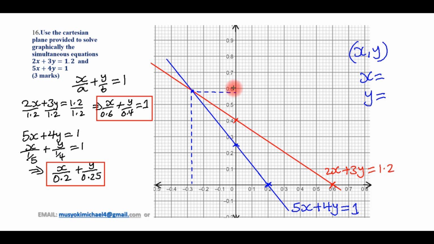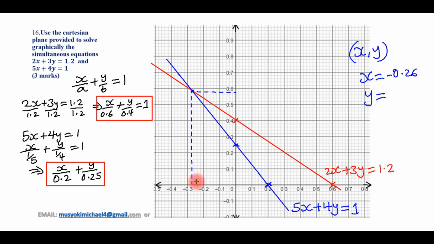So for this, the value of x here is approximately negative 0.26.